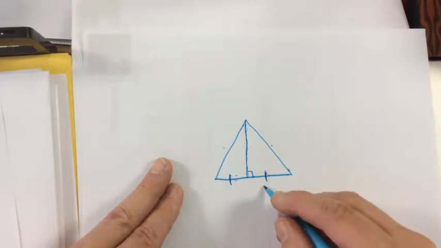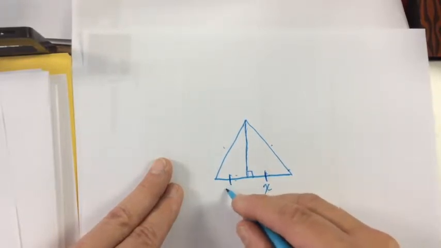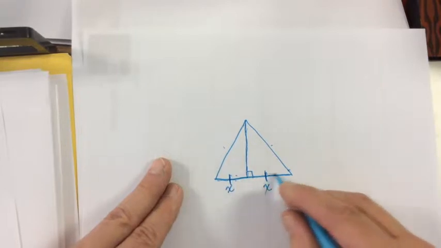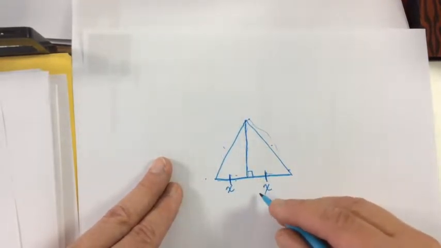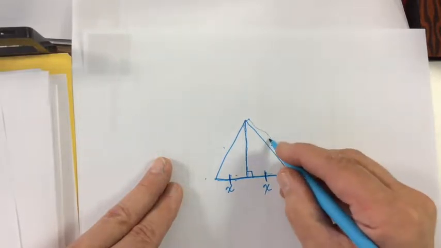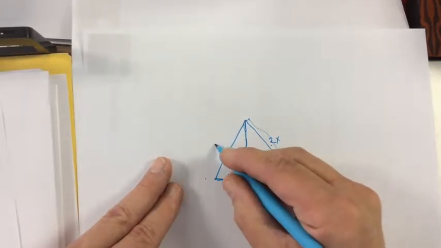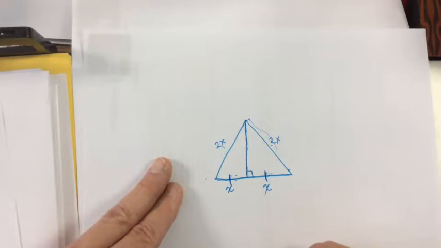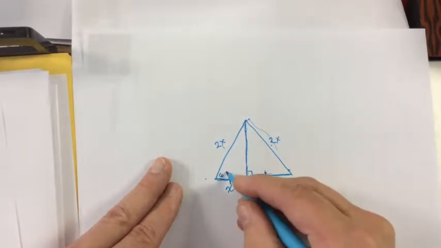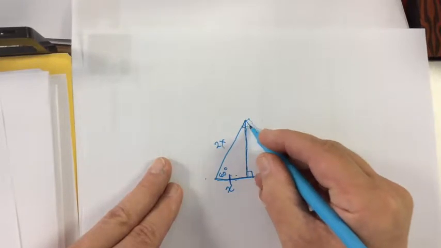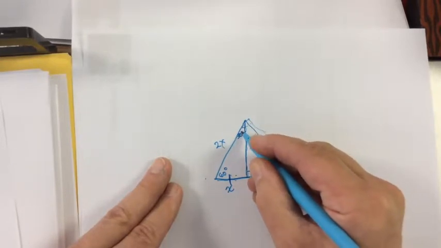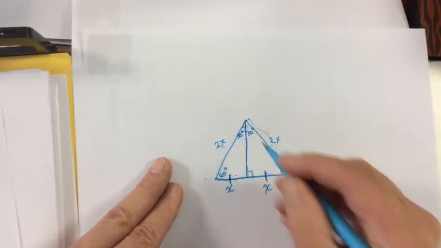So whatever this is, this will be the same. And since it started out as an equilateral triangle, that makes this 2x, and that makes this 2x. Makes these angles 60 degrees and 60 degrees. This is 60 degrees, but I'm cutting it in half, so this is 30 degrees and this is 30 degrees.